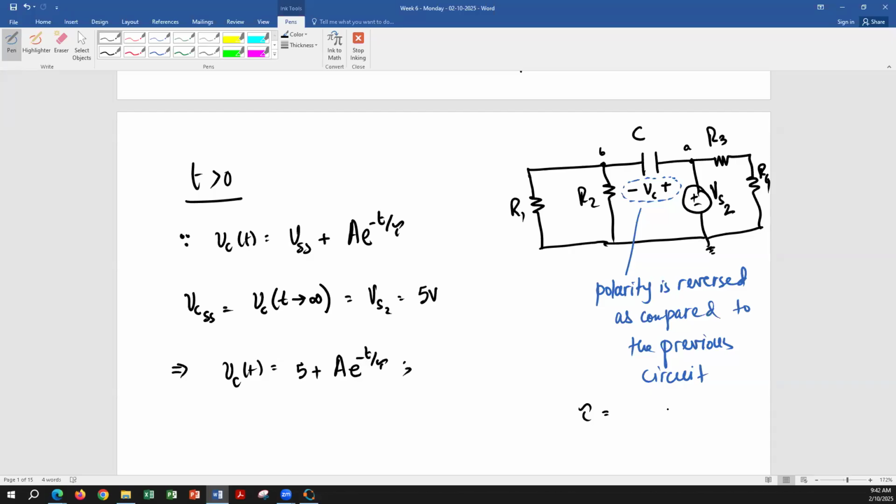That is, you have to remove all the sources when you're calculating tau. So look at the circuit, remove the source, and then tell me what will be tau. Again, R1 plus R2, R1 and R2, you think they're in series?